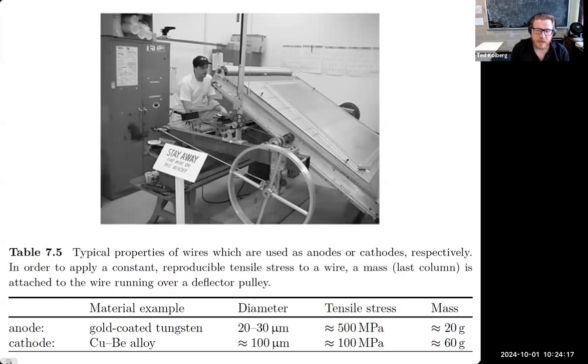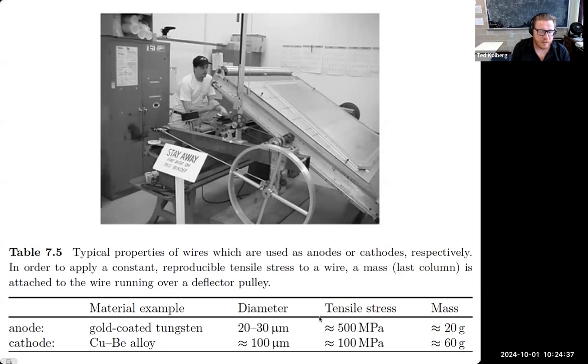We'll talk on the next slide about why keeping the wires under tension is important, by basically having a pulley with a weight suspended from it so that the tension in the wire is maintained at a constant value as this winding process goes on. The wires, as I said, are quite thin.